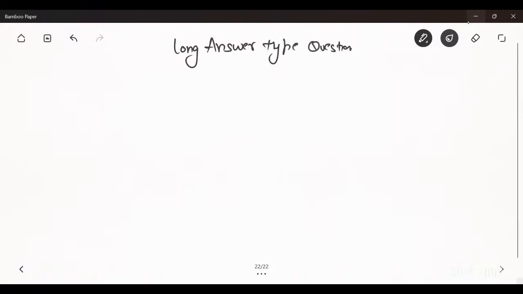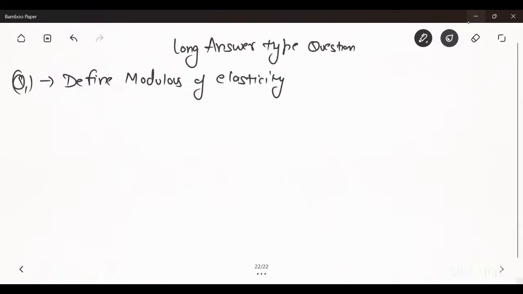First is: define modulus of elasticity, stress, strain, and Poisson's ratio.